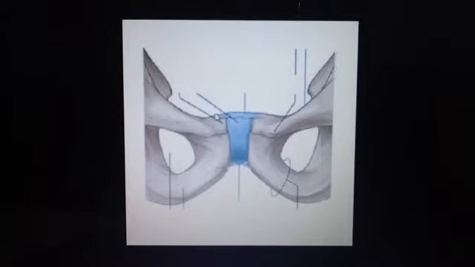Where is the pubic tubercle? This is the pubic tubercle. So one more, where is the inferior pubic ramus? This is right here. So remember from this slide, the superior pubic ligament, which is right here, and the inferior pubic ligament. This we're supposed to get from this slide.